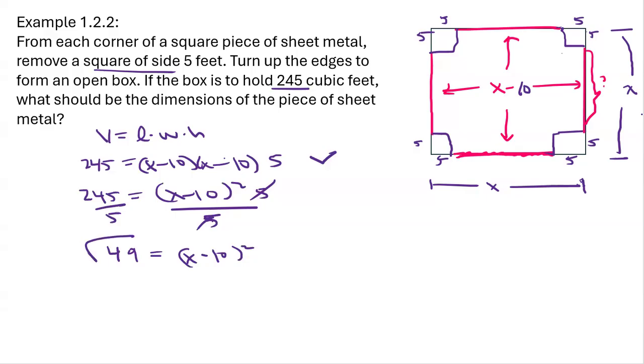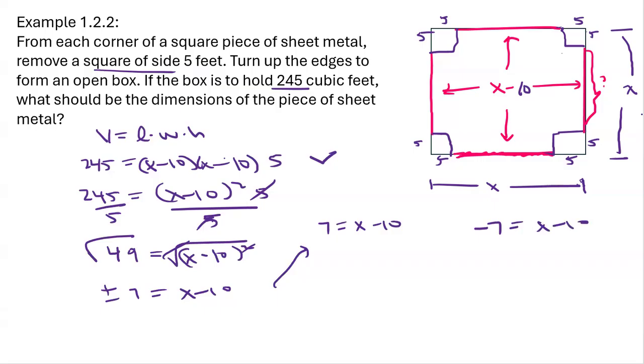Then we're going to take the square root on both sides. So that's going to give us plus or minus 7, and the radical is going to go away with the square. Then we're going to have two separate equations: 7 is equal to x minus 10 and negative 7 equals x minus 10.